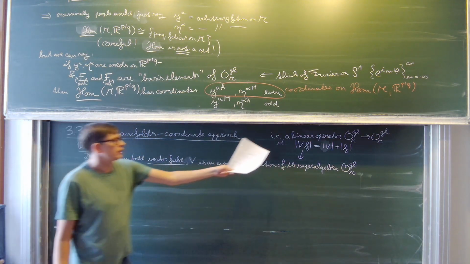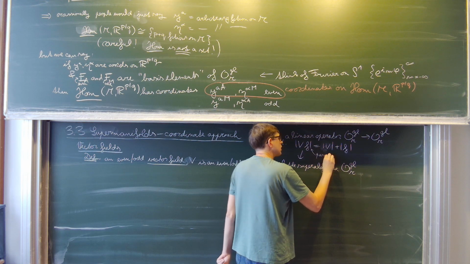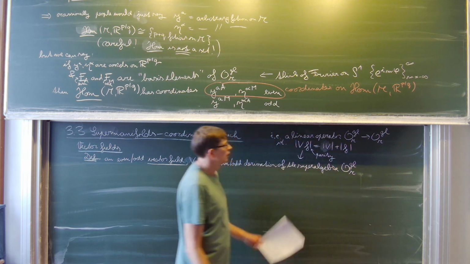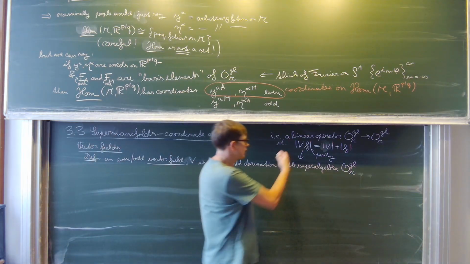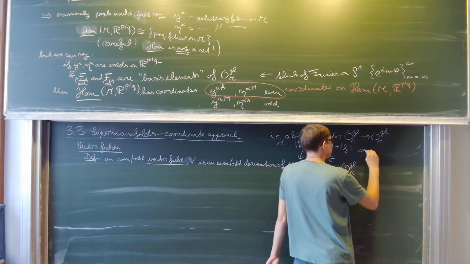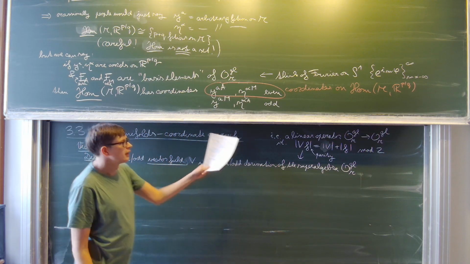Okay, so these things will denote parity. The absolute value as before is the parity of the corresponding object. If V is an even vector field, it's 0; if it's odd, then it's 1. So this is really mod 2, Z2.